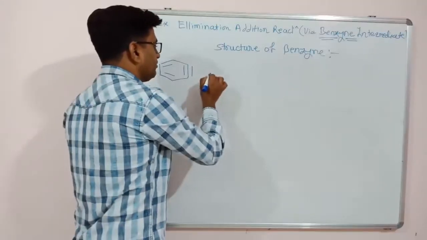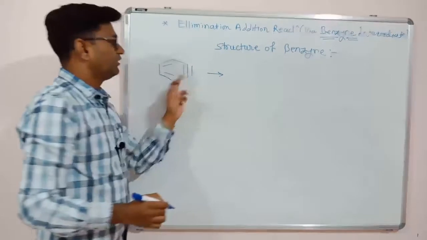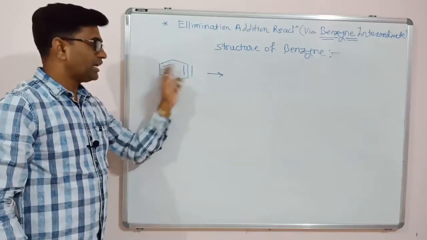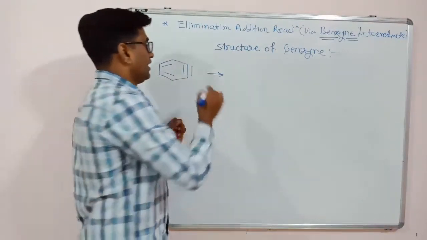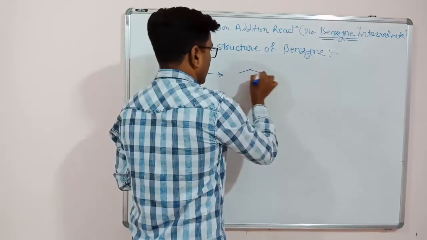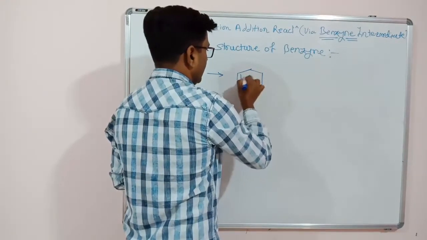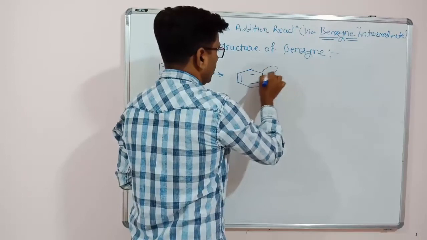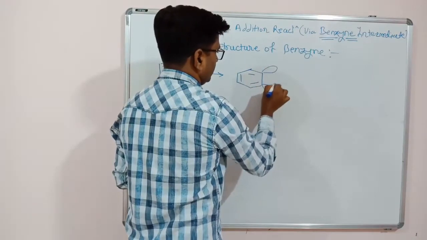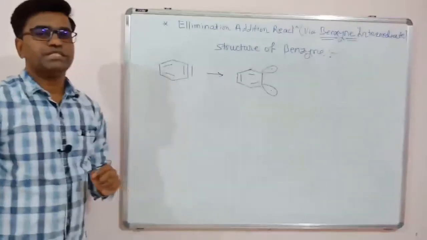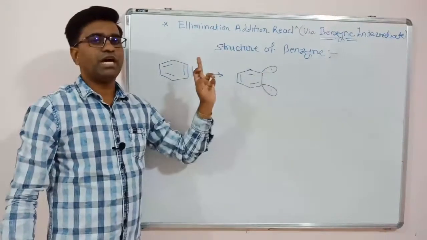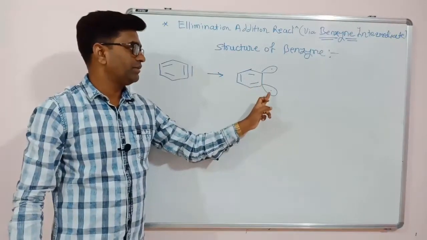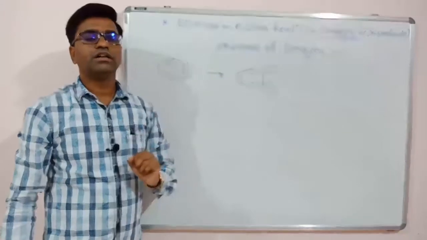So where are these pi electrons lying? Because this carbon is sp2, these electrons are present in the sp2 hybrid orbital of the benzene ring. So whatever sp2 hybrid orbital is there on this carbon, it contains one electron.